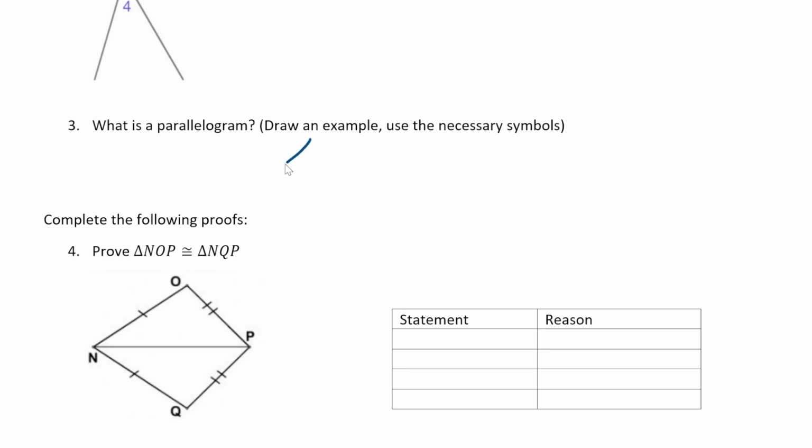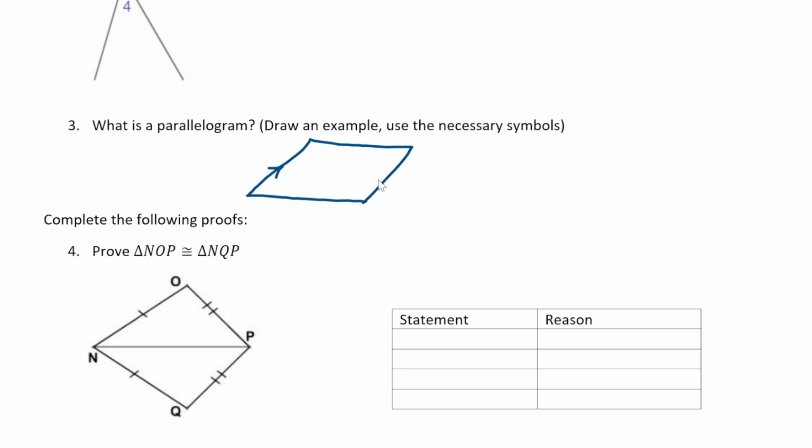Alright, so I just want a parallelogram. I don't have to make it perfect. If I had a ruler, I would try to make it perfect, okay? But this is my parallelogram. Well, it may not look like a parallelogram. But I just need the symbols. The symbols are what will define this as a parallelogram.